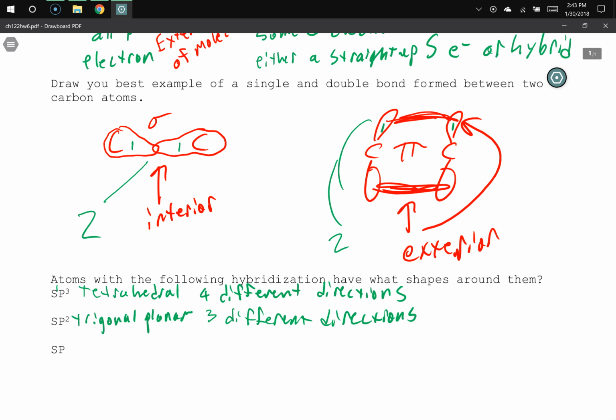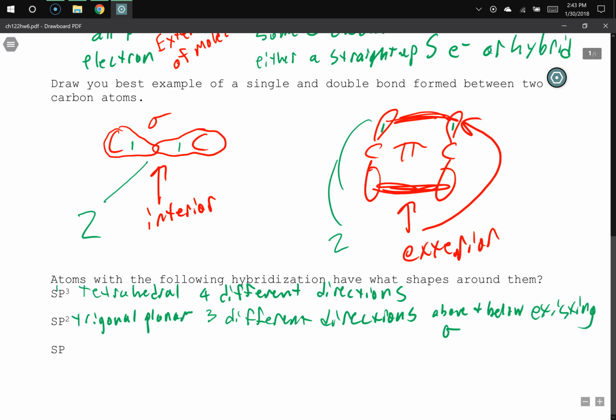So those are the interior electrons. So where's that pi bond? Easiest thing to say would be above and below. It's got to be going in the same direction as one of the original 3 bonds, above or below that bond.